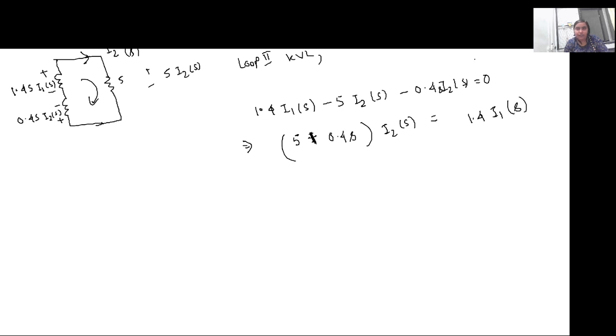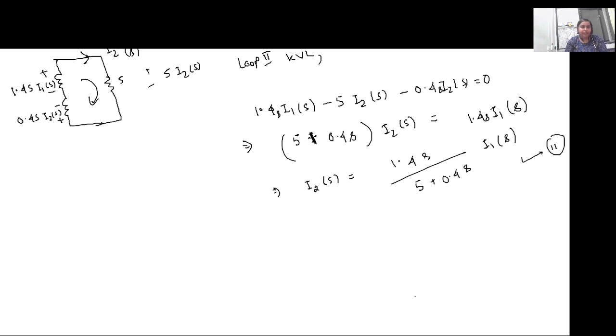We have taken this one on the other side and taken I2 as common. So I2 can be written in terms of 1.4 s by 5 plus 0.4 s into I1. Let this be equation 2.